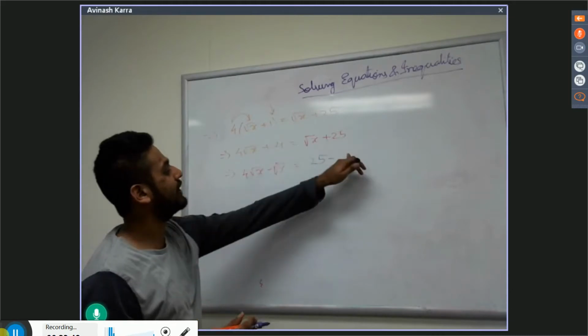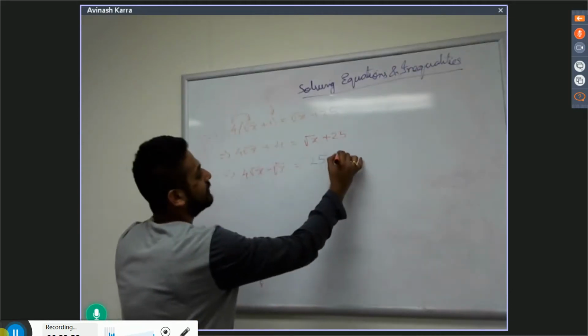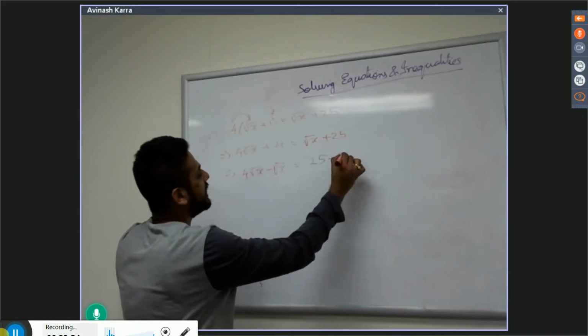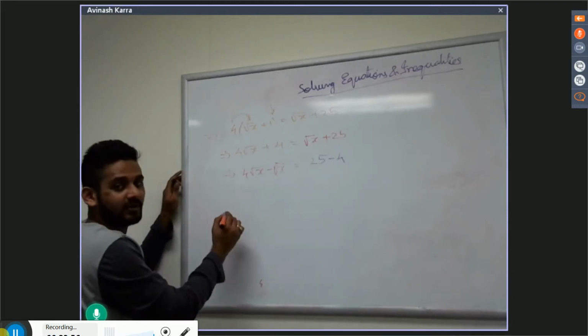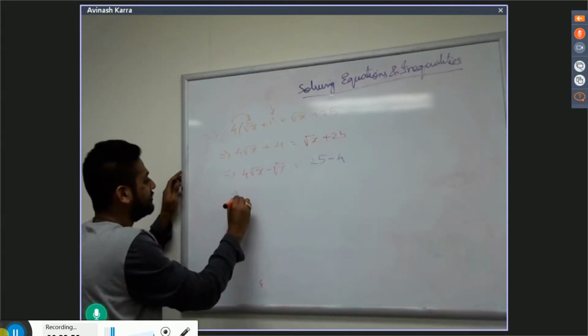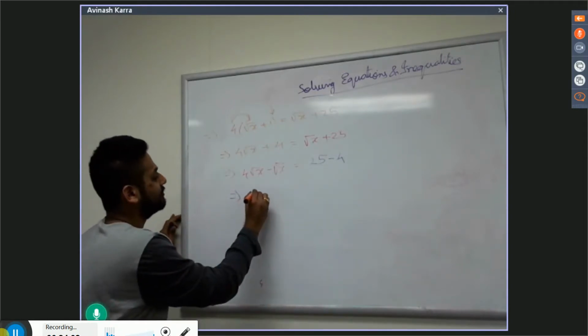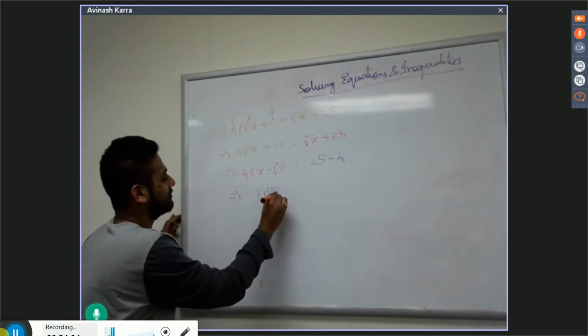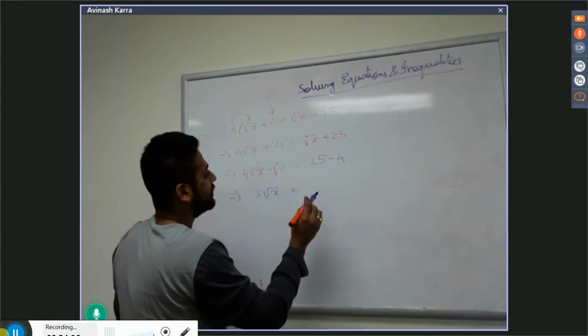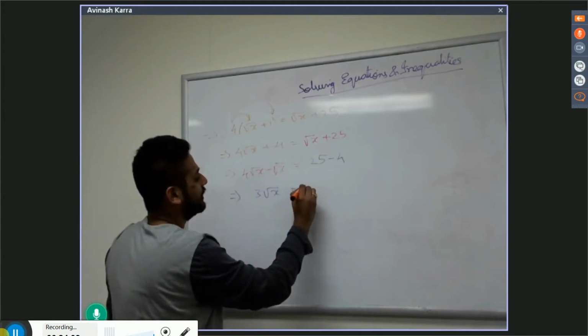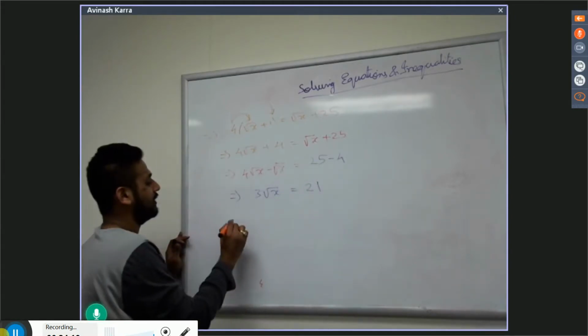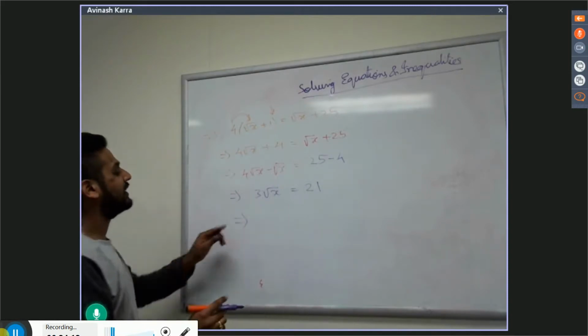It's adding. So when it goes to the RHS, it subtracts: 25 minus 4. So when I simplify, 4 root x minus root x is 3 root x, equal to 25 minus 4, which is 21.